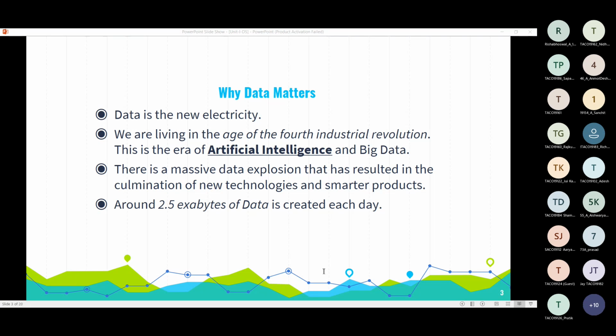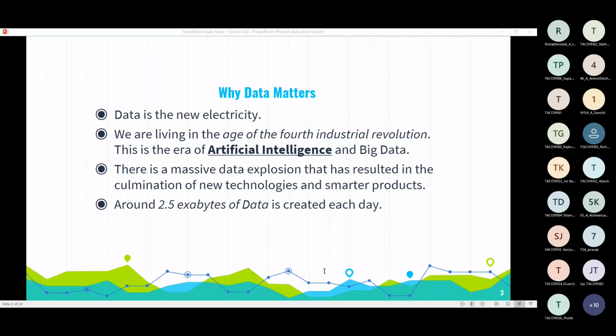The need for data has risen tremendously in the last decade. Many companies have centered their business on data, as we all know. Data itself has created a new sector in the IT industry.